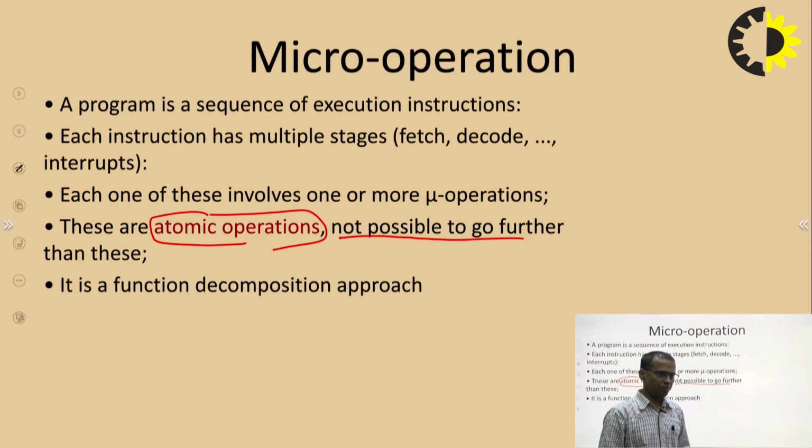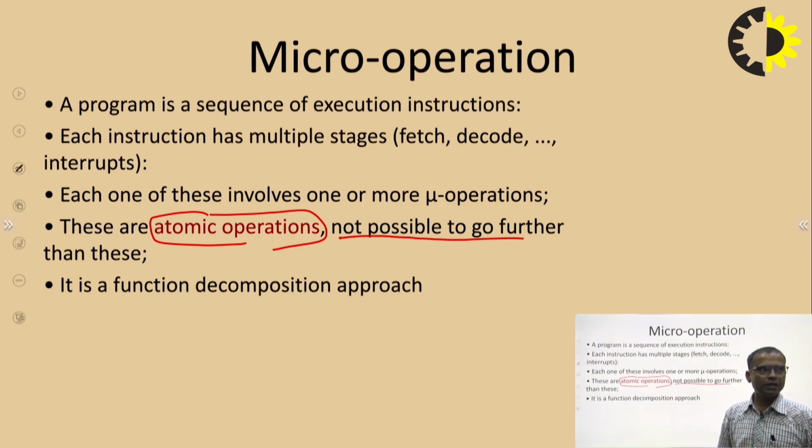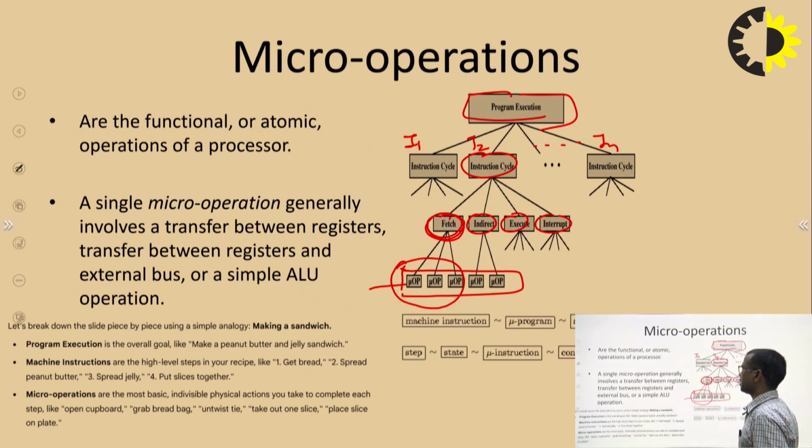logically any further below that. Even though these micro operations are done along the cycles, they are not broken further than this logical unit. So what we can see is that this approach is a functional decomposition approach.